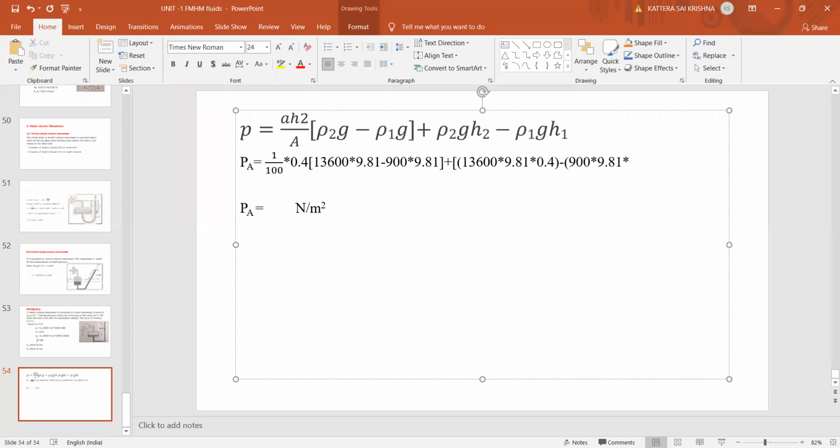What is the H1 value? 0.2. Finally, you will get your PA value. Calculate slowly, don't be in a rush.